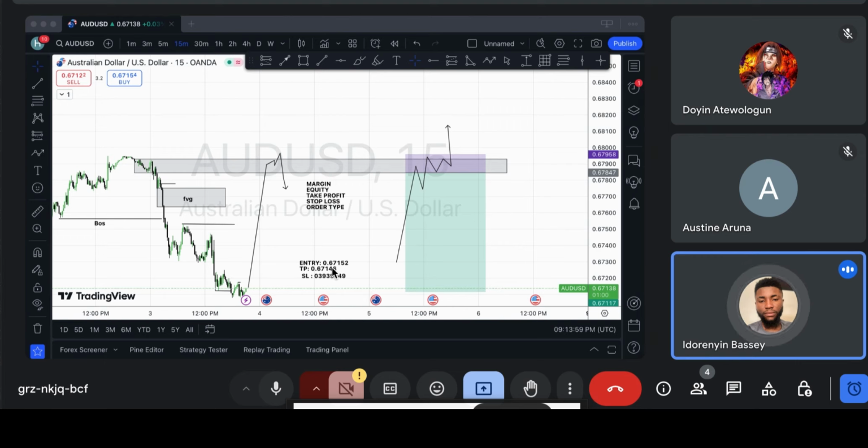This allows you to lock in profit while giving the trade room to breathe if the market moves in your favor.